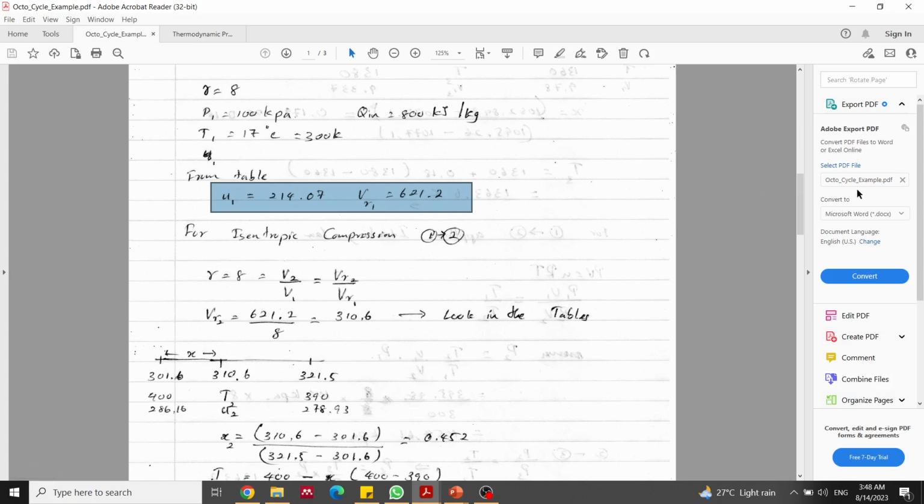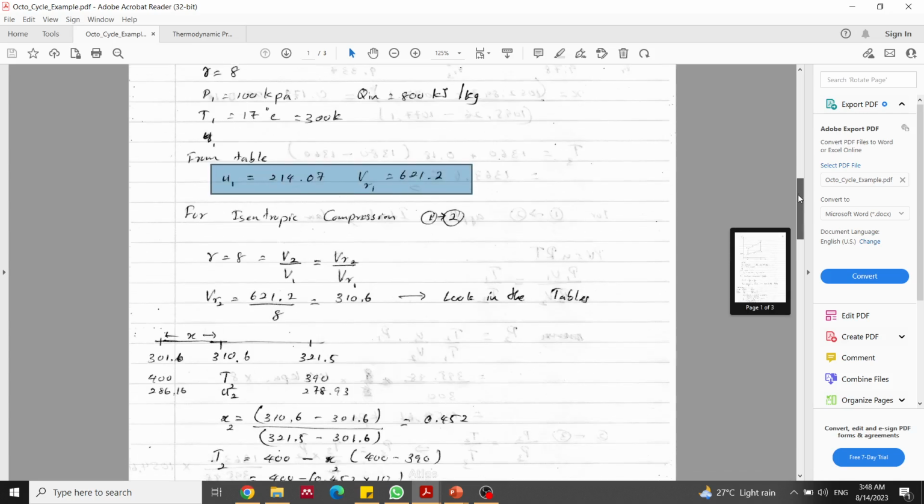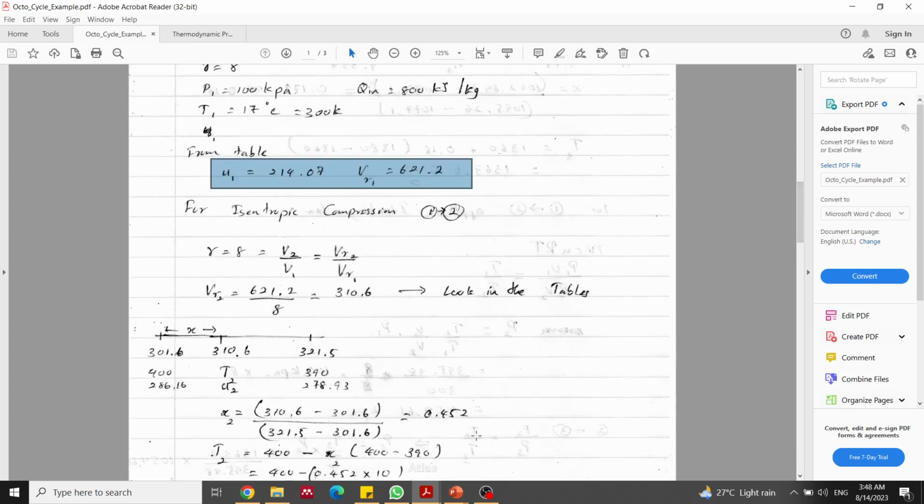Therefore first we have to find the fraction. So this fraction came to be 0.5452. Then with that we can find the temperature as well as the internal energy, right?